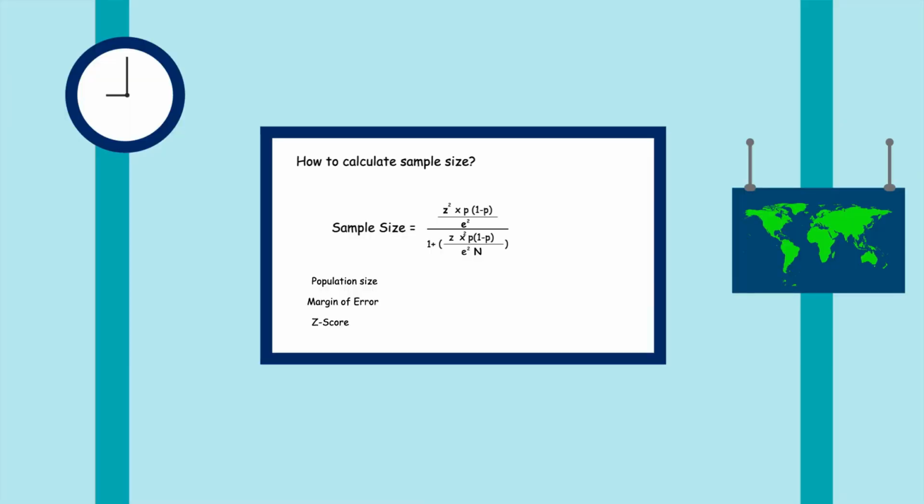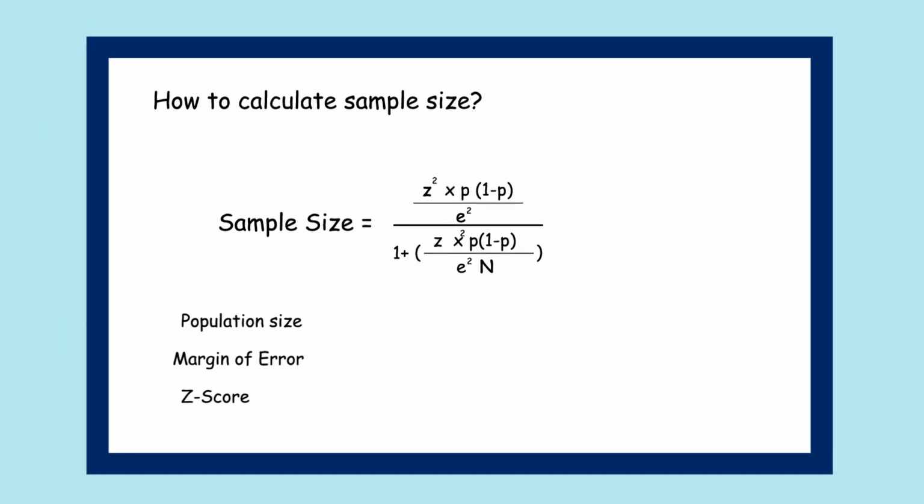If you are wondering how to calculate the sample size, and if you would like to calculate the sample size by hand, you can use this formula, where N is the population size, E is the margin of error, as a percentage in decimal form, and Z is a Z-score.